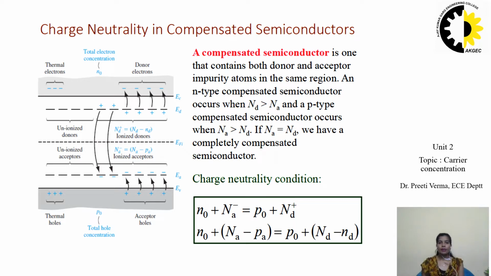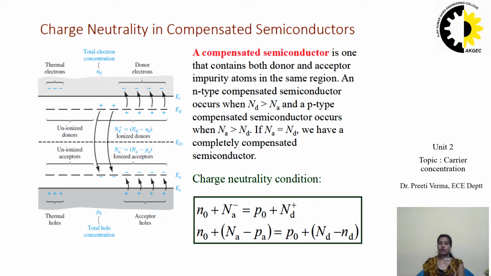An N-type compensated semiconductor occurs when the value of Nd is greater than the value of Na, and a P-type compensated semiconductor occurs when Na is greater than Nd. If these two values are equal, then we have a completely compensated semiconductor.